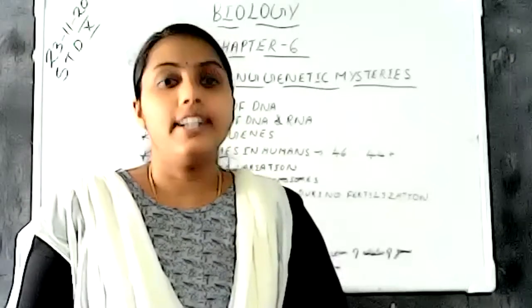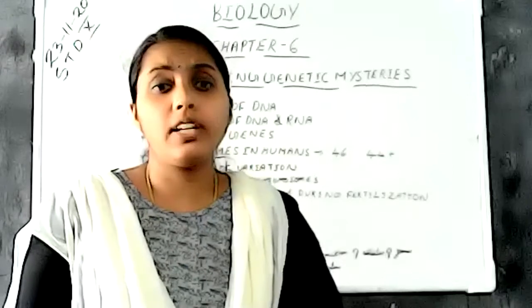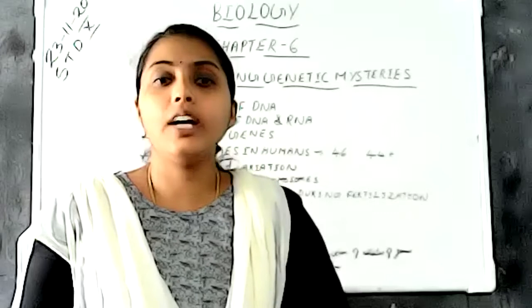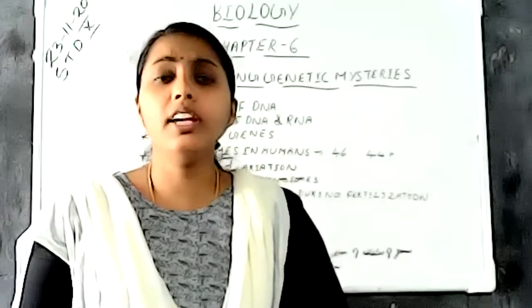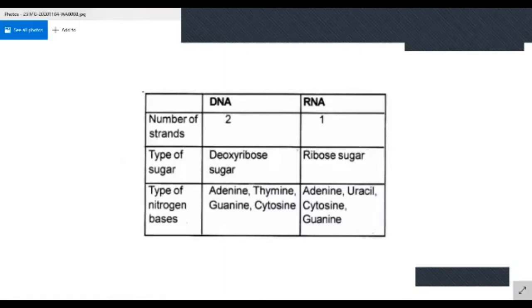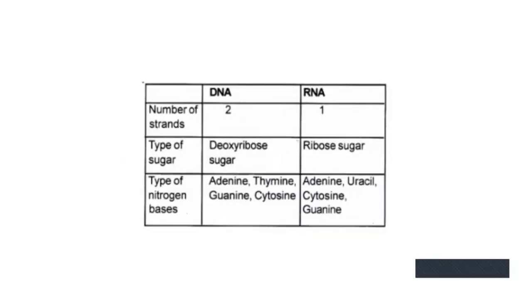That's about the DNA. Now we can see the difference between the structure of DNA and RNA. I have told you the full form of DNA is deoxyribonucleic acid, and the full form of RNA is ribonucleic acid. Here, a comparison between DNA and RNA is shown.